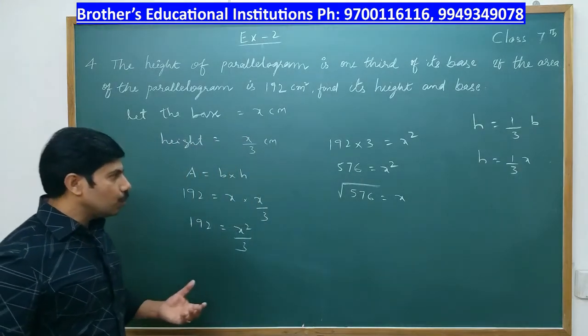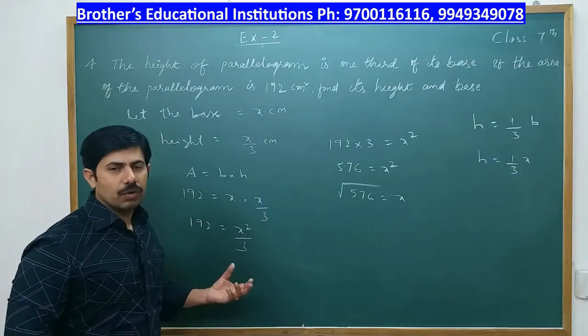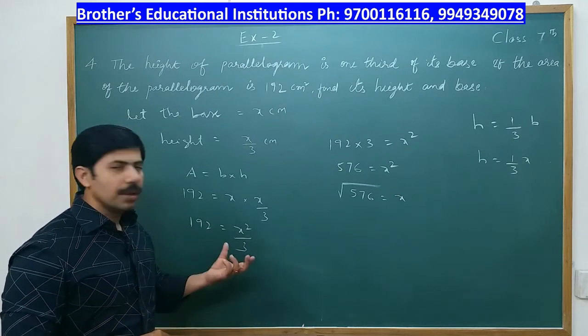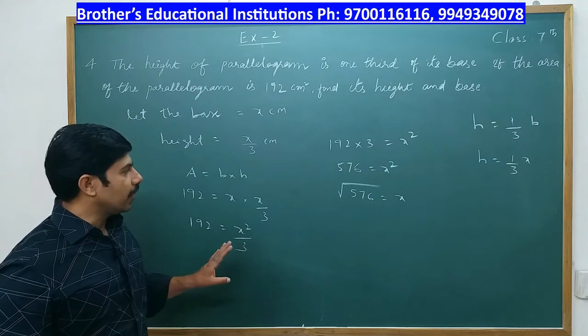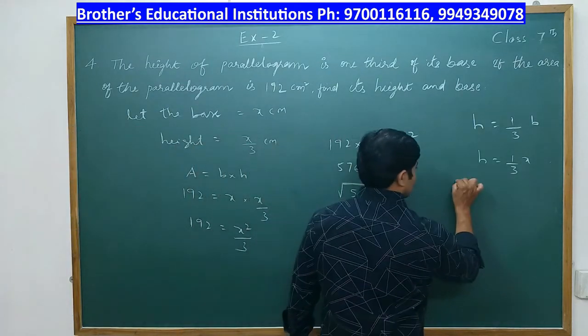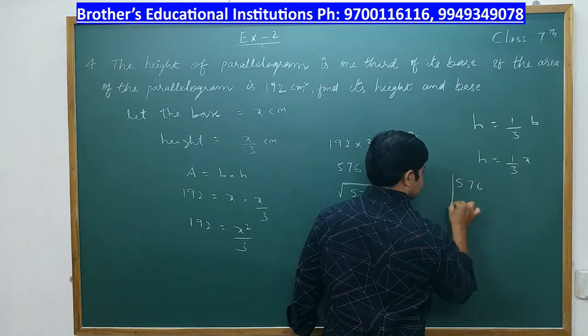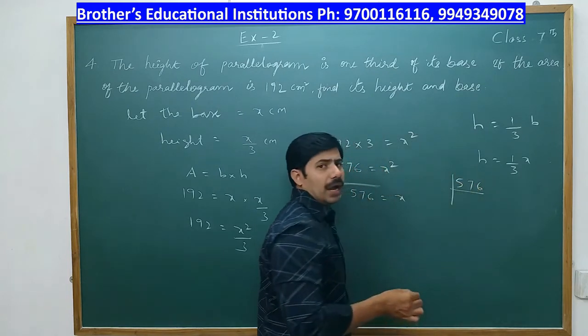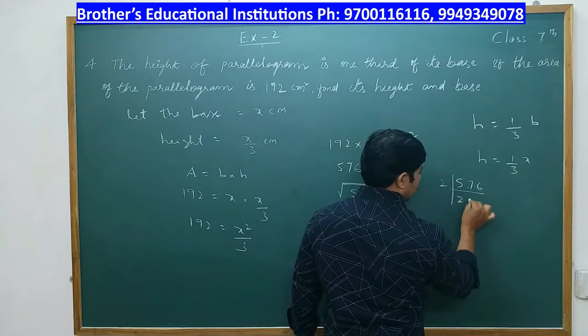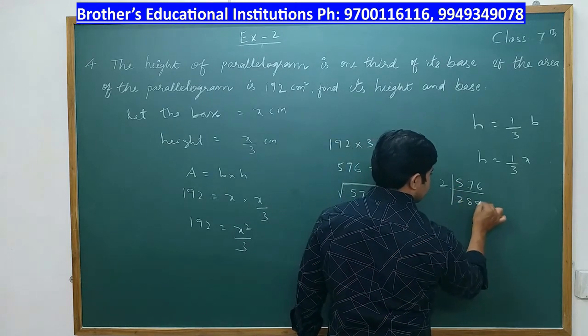Now how to get root 576? We can get it by two methods, either the square root division method or the prime factorization method. So I'll find the square root of 576 by the prime factorization method. As 576 is an even number, I'll take 2. 2 2s are 4, remainder 1, 2 8s are 16, 2 8s are 16.